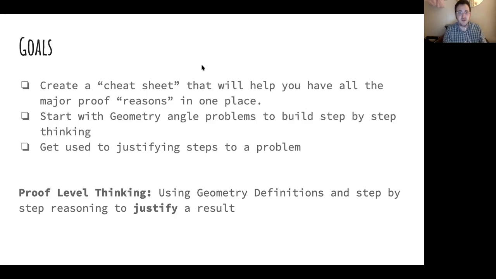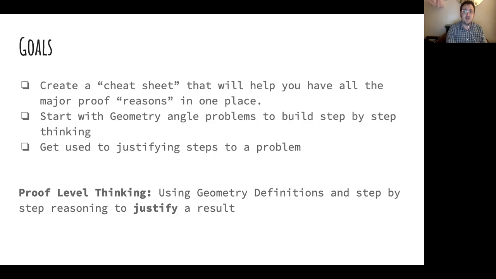So the goals are, one, to create a cheat sheet that will help you have all the major proof reasons in one place. And not only do we have these for proofs, but knowing these vocab words will help you on earlier skills. So this is really like built-in review.